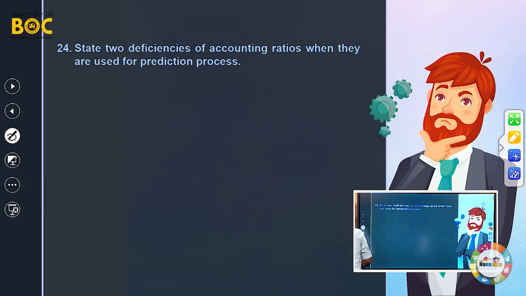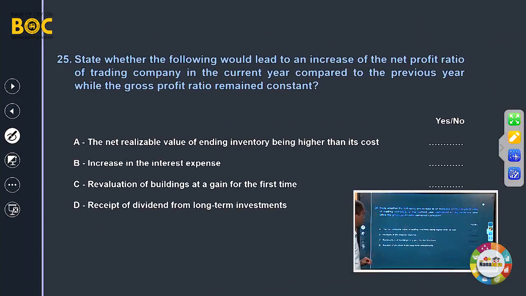So question number 25. State whether the following would lead to an increase in the net profit ratio of a trading company in the current year compared to the previous year, while the gross profit remains constant.